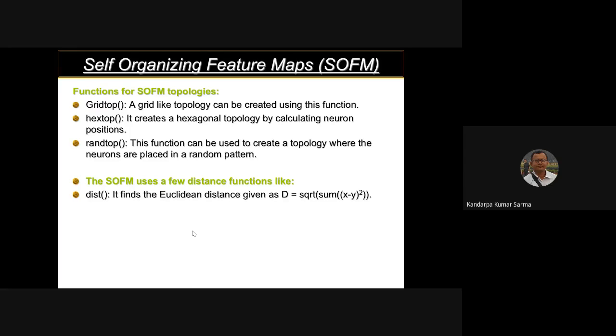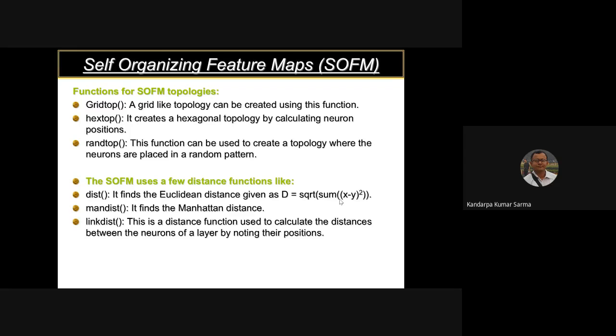Then the SOM will use this function primarily to calculate the distance, the Euclidean distance, which follows a syntax like this: d takes the value of the square root of the sum of (x minus y) squared. So mandist can be one more such distance metric, that is the Manhattan distance.